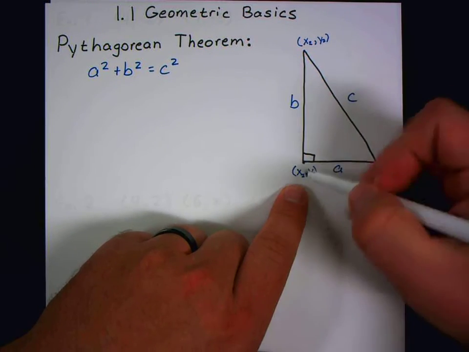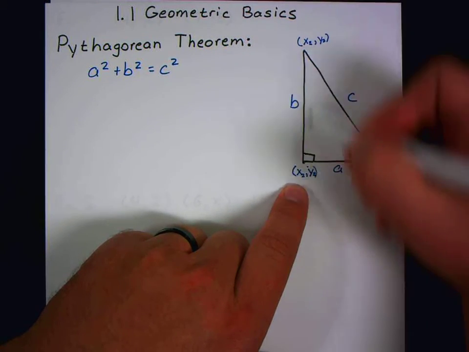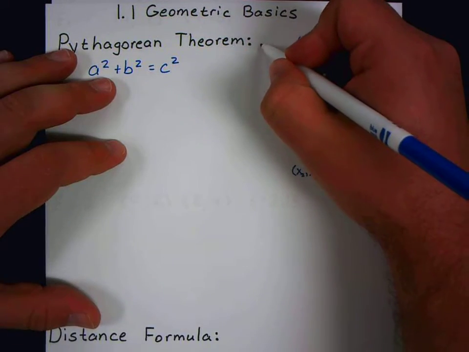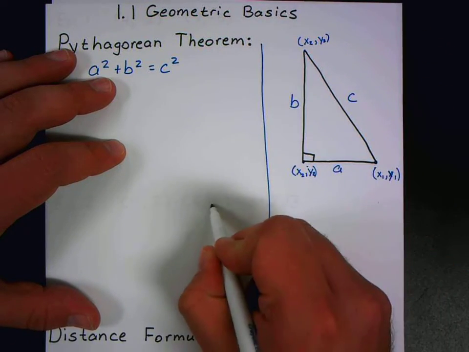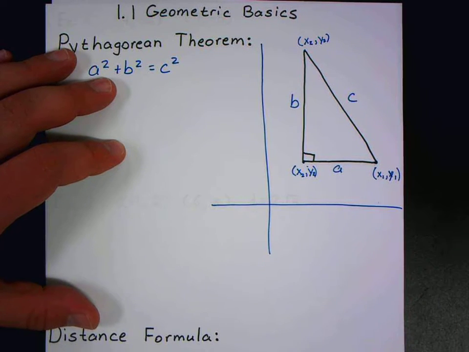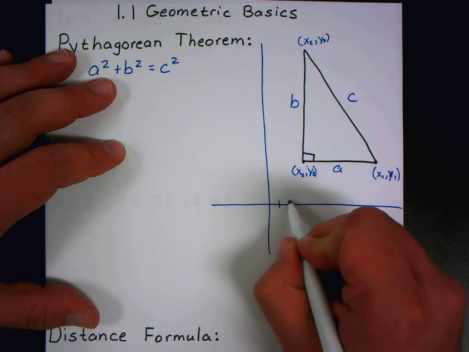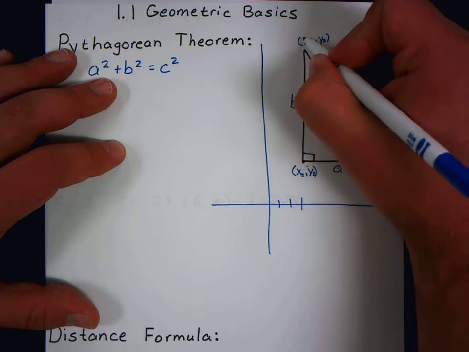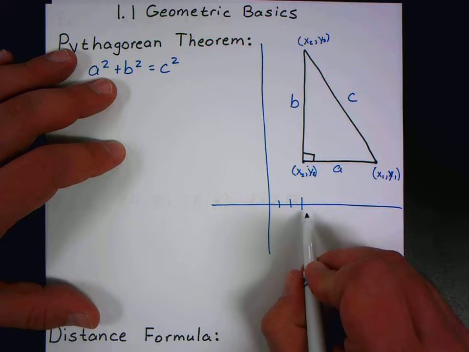Okay, here, let me put, if I'm counting over, since these are the same distance over, they would have the same x value, correct?